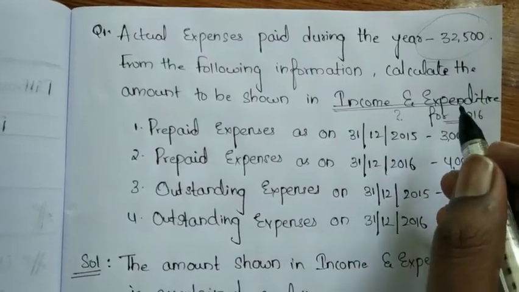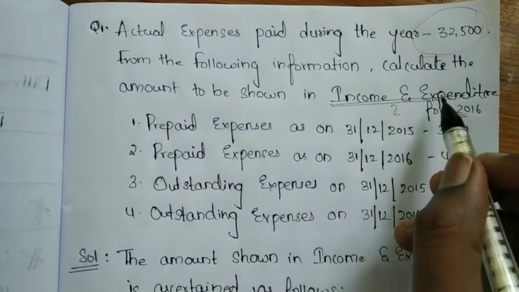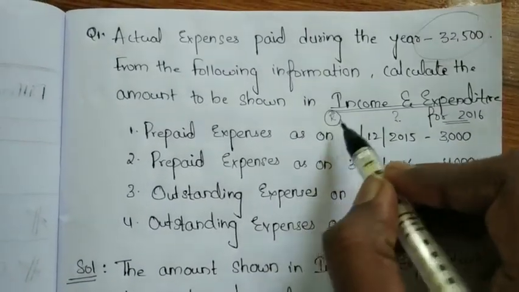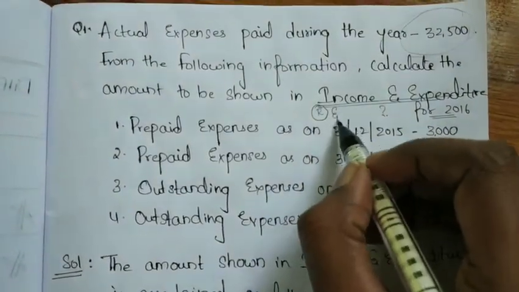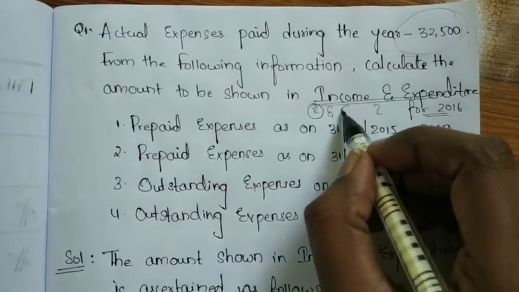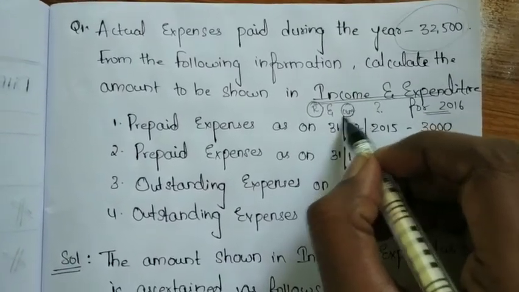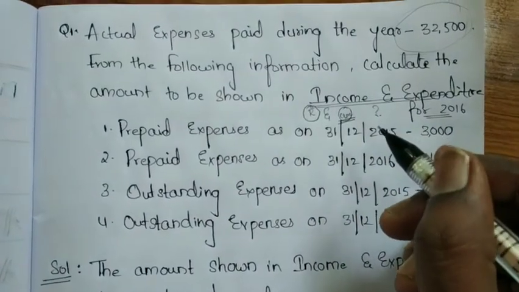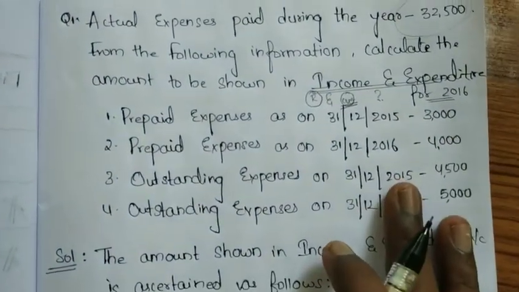If you know the provisions, in the income and expenditure account we will take only revenue incomes and revenue expenditure, only the current year expenses and current year incomes.